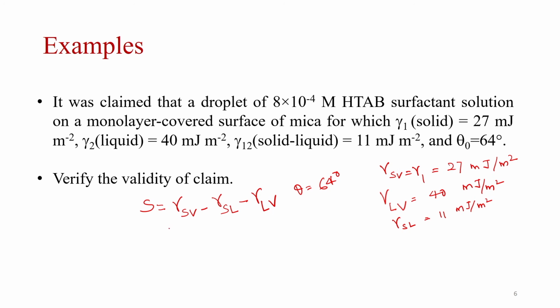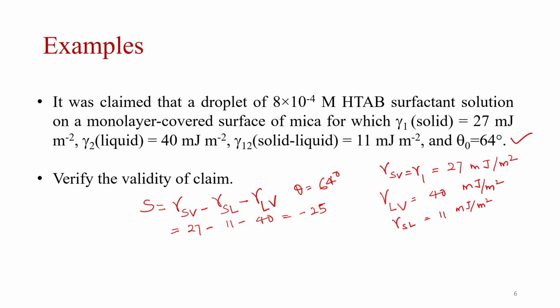So, this will be like gamma solid vapor 27 minus solid liquid 11 minus 40. This comes out to minus 25. As it is less than 0, it means there will be partial spreading and the formation of a contact angle will take place. So, the first thing is we will observe some contact angle.